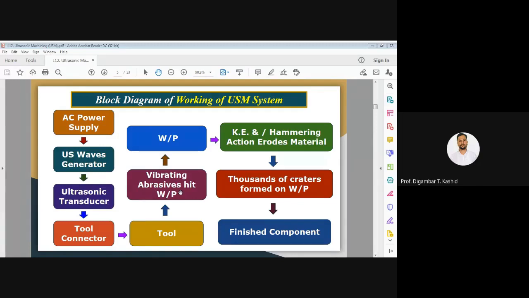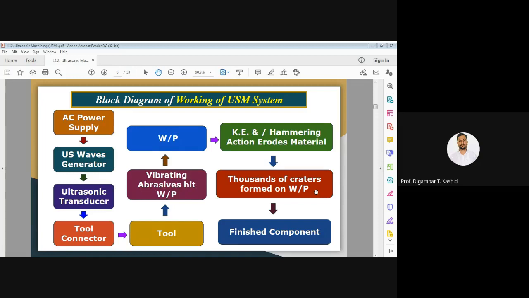When this tool is vibrating at an ultrasonic frequency, it is hitting thousands of abrasive particles present in the abrasive slurry. Due to that thousands of hits, the abrasive particles move towards your workpiece.